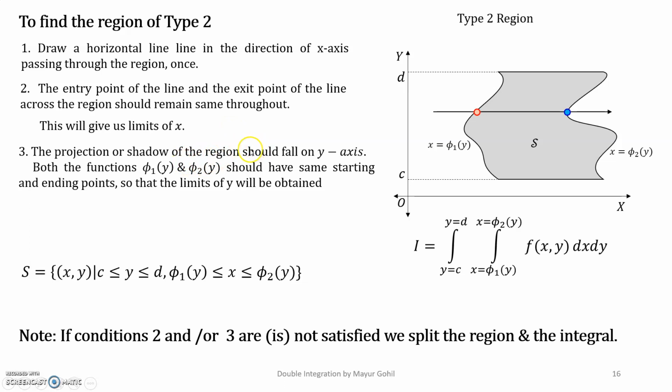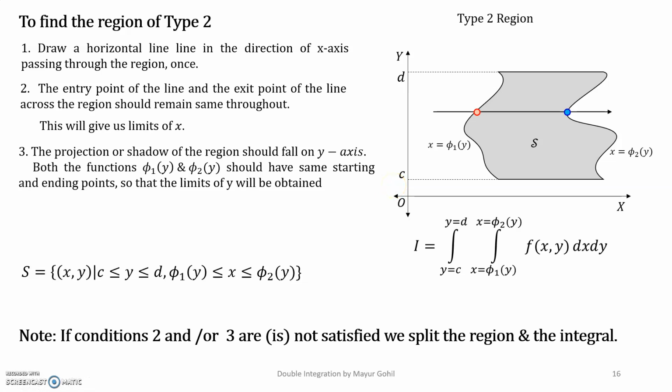Now, you have to remember that such a classification we have done for the convenience of our understanding. So type 1 and type 2 region classification is for convenience of our understanding and it will help you in the further video lectures.